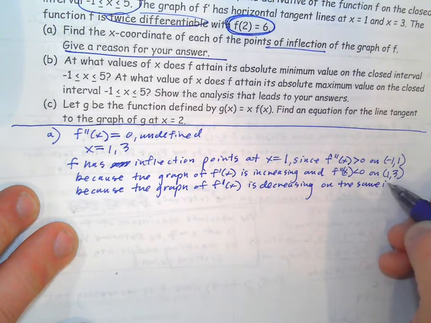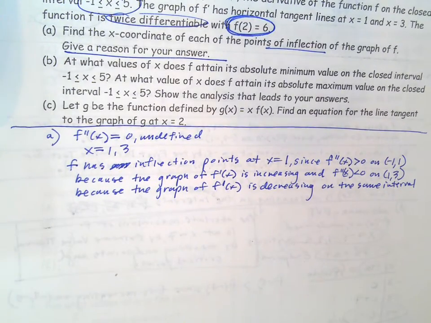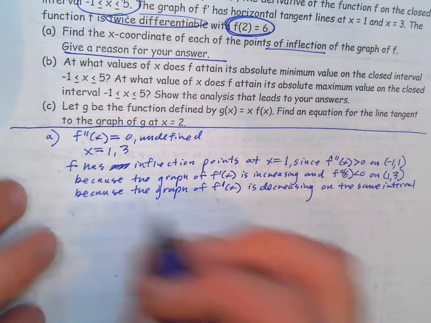So that's a good explanation. To justify an inflection point, you want to show that the concavity changes, that the second derivative changes signs. But on this problem, you have to convince me why you know that the second derivative is positive and negative on those portions of the graph, and you got to tie it to what they gave you. Now that's the first one.